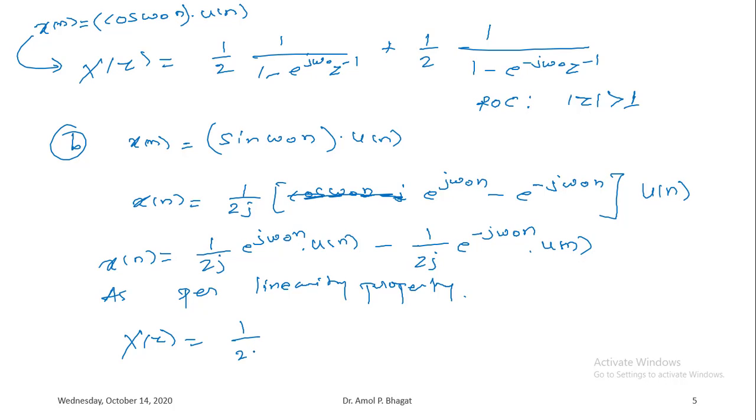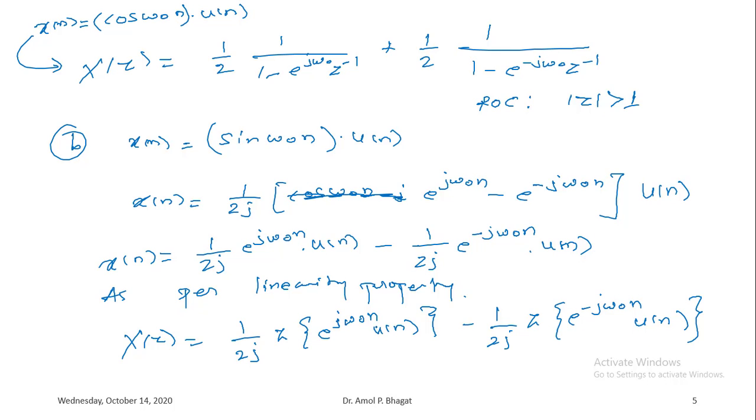You can take this 1 by 2j as constant a1 and you will identify the z transform of e to the power j omega 0 n u of n, similarly minus 1 upon 2j z transform of e to the power minus j omega 0 n into u of n.